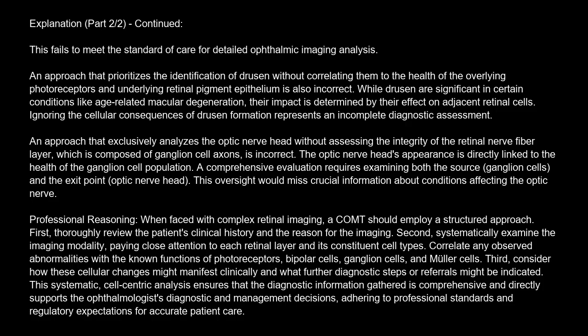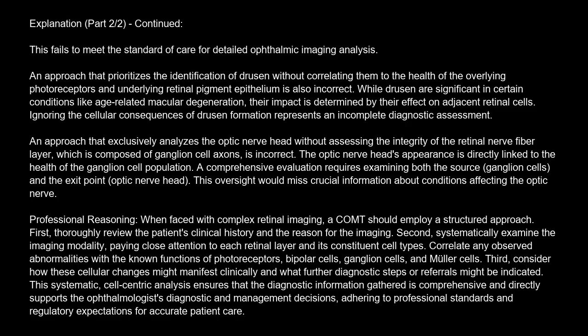Professional reasoning. When faced with complex retinal imaging, a COMT should employ a structured approach. First, thoroughly review the patient's clinical history and the reason for the imaging. Second, systematically examine the imaging modality, paying close attention to each retinal layer and its constituent cell types. Correlate any observed abnormalities with the known functions of photoreceptors, bipolar cells, ganglion cells, and Mueller cells.